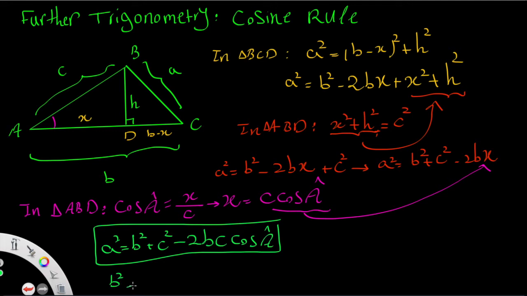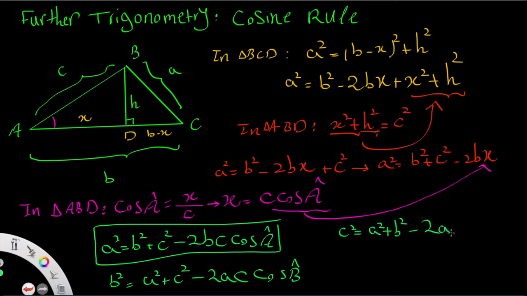Now for side b, we will have b squared is equal to a squared plus c squared minus 2ac cosine of the angle between them, or you can say the opposite angle, which is angle B. For side c, c squared is equal to a squared plus b squared minus 2ab cosine of what is opposite to side c, angle C, or you can say the angle between sides a and b, which is again angle C. This is known as cosine rule.